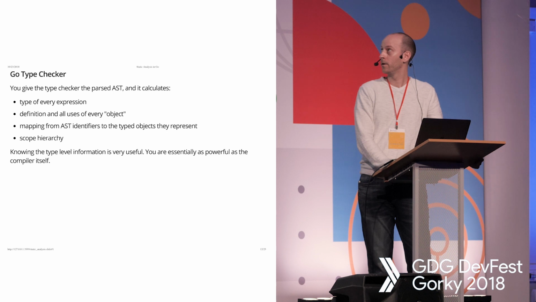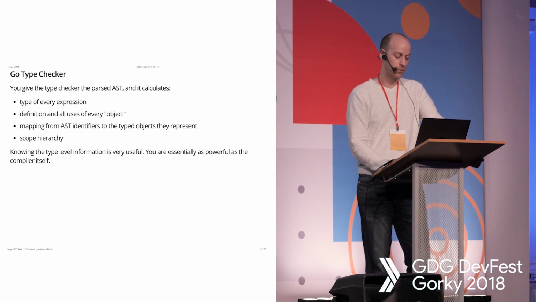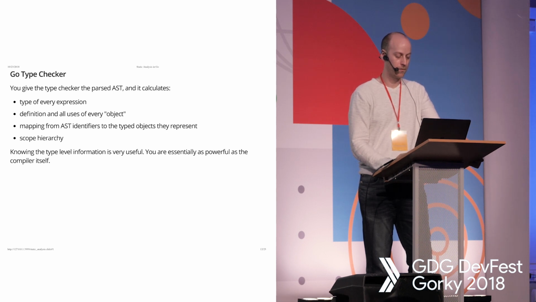The type checker works by you give it the parsed abstract syntax tree, and it calculates a lot of useful information about the types of all your objects. So it calculates the type of every expression, which is something we'll use for this example. It calculates the definition and use of every object, which I'll get to later what exactly I mean by object.